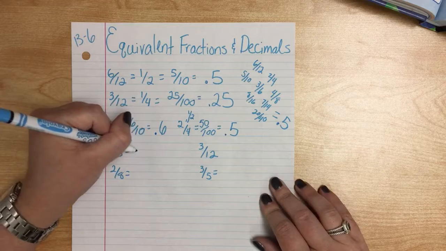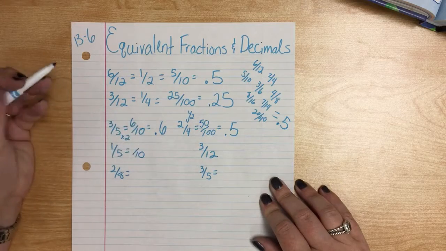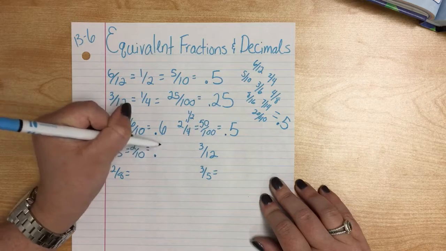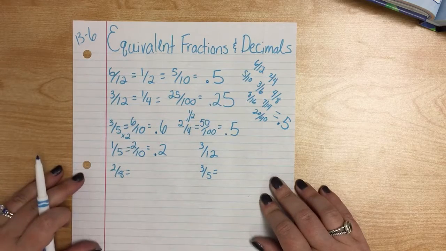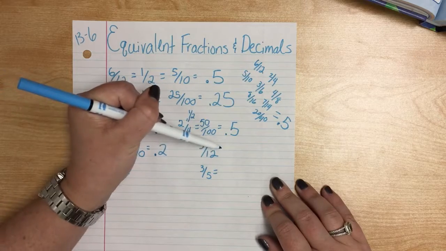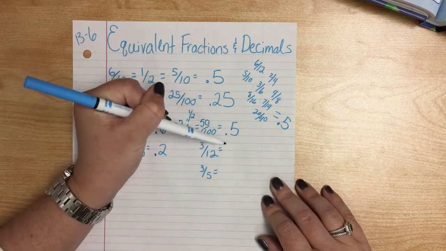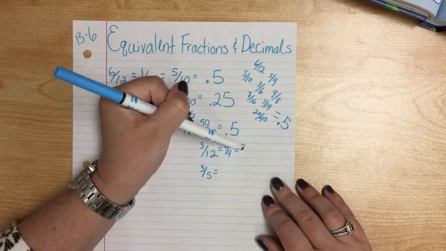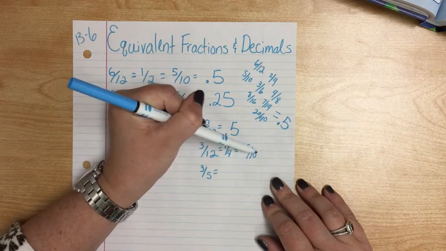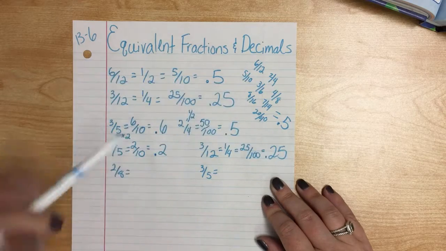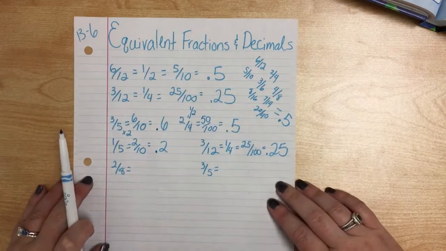1/5 can be turned into 2/10, which can then become 0.2. 3/12 can turn into 1/4, which I then think of quarters. That becomes 25 100ths, which becomes 0.25.